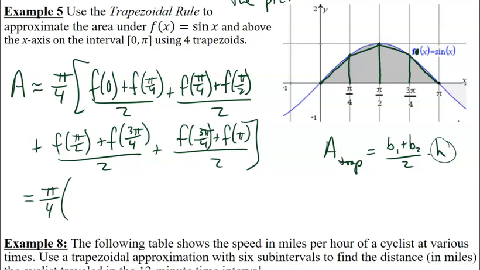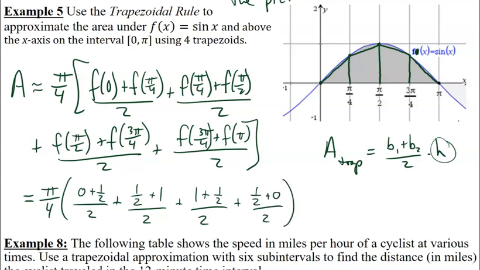So I'm going to do 0 plus 1/2 all over 2, and then 1/2 plus 1 all over 2, and then 1 plus 1/2 again all over 2, and then 1/2 plus 0 all over 2. Okay?